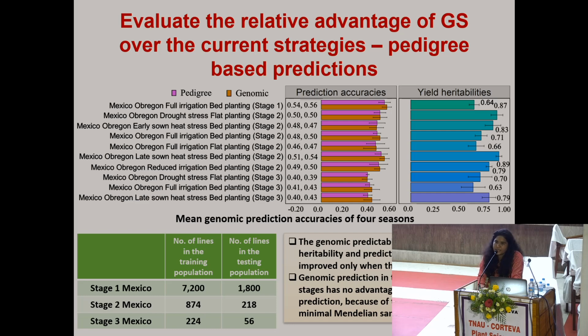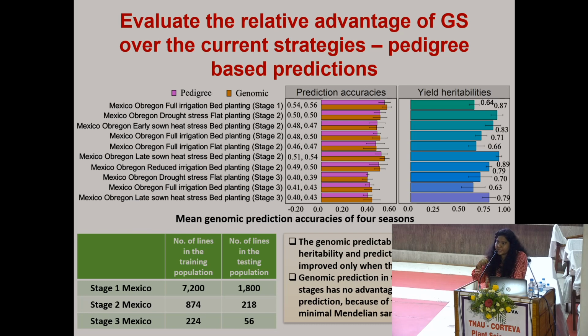Again, CIMMYT maintains a good pedigree for wheat lines, so you don't see much difference between genomic and pedigree, and then again the yield heritability. If the heritability of yield is only 0.6, your prediction accuracies are still going to be lower. So we all have to, again, get good data. And if there is no good data, if the heritability is very low, you're not going to get good prediction accuracies.